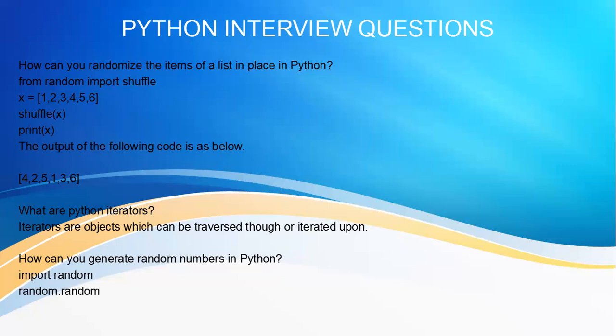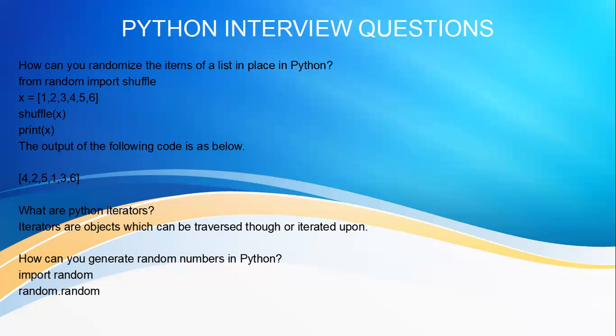You can iterate upon it or traverse through it. For example, list is an iterator, tuple is an iterator, dictionary is an iterator. It has more number of elements, right? Using the for loop, you can traverse through the items in the iterator. So you must remember list, tuples, dictionaries, set. All these are iterators. All right.